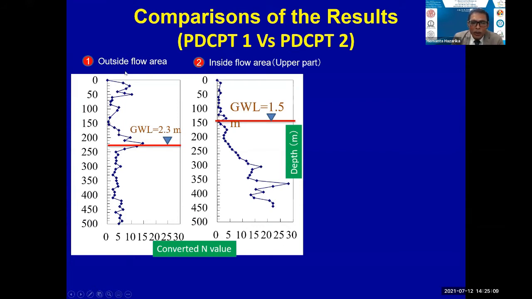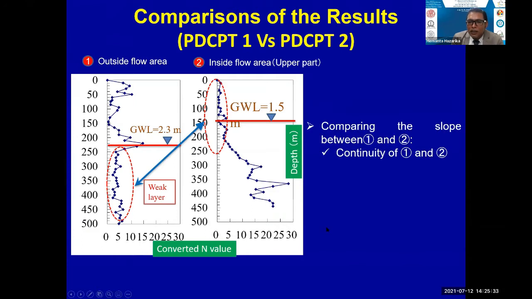That means this part is already gone, right? This part has flowed. So practically we are conducting the PDCPT from this ground surface. So if you compare this and this, they're almost exactly the same. And below that, there's relatively steep ground. That means there is continuity between the results of PDCPT at location 1 and location 2.